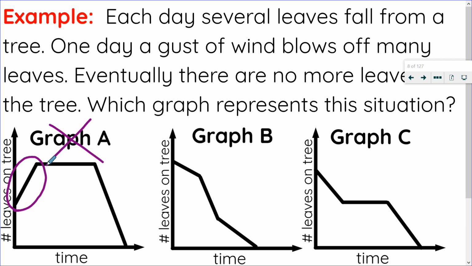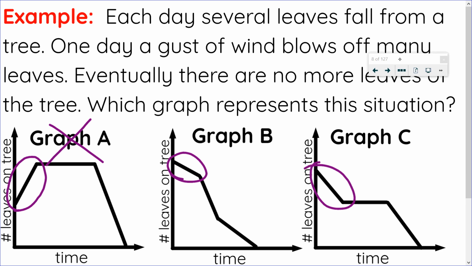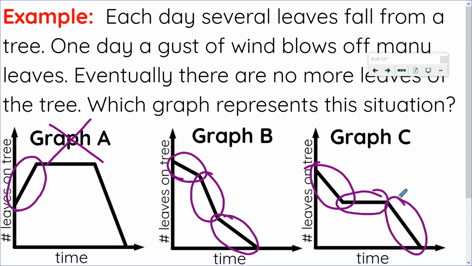So graph B and C both show that the leaves are decreasing. Okay, and then a gust of wind comes along and blows off many of the leaves. So this shows that they decrease quite quickly and then they slowly start to decrease here. So does that represent the relation, or is this one here? So we have some leaves falling, nothing happens, and then they rapidly decline until there are no more leaves on the tree.